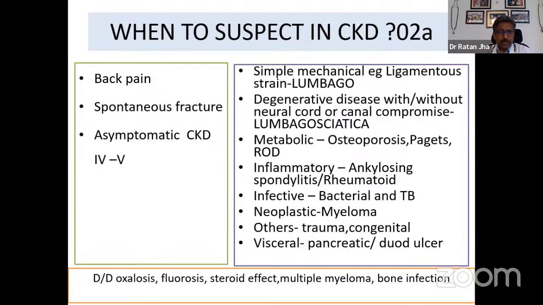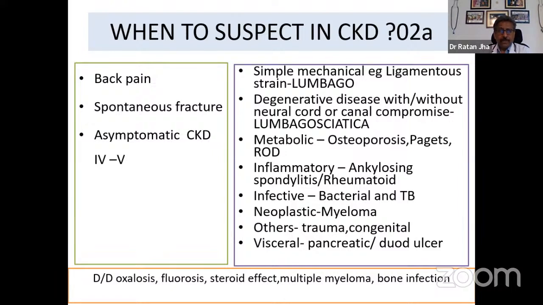So when a person has fractured a bone without major trauma or has back pain, and the patient has chronic kidney disease, one has to suspect that there could be metabolic bone disease or osteoporosis, which has to be looked at.